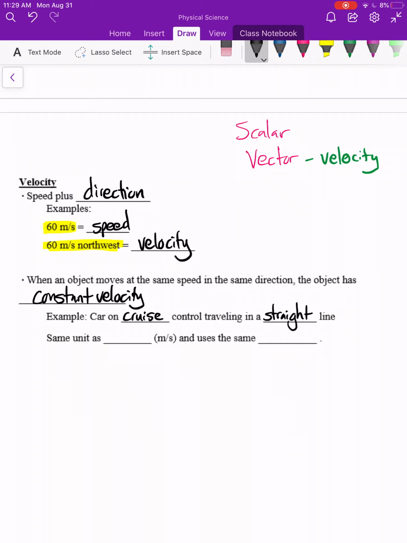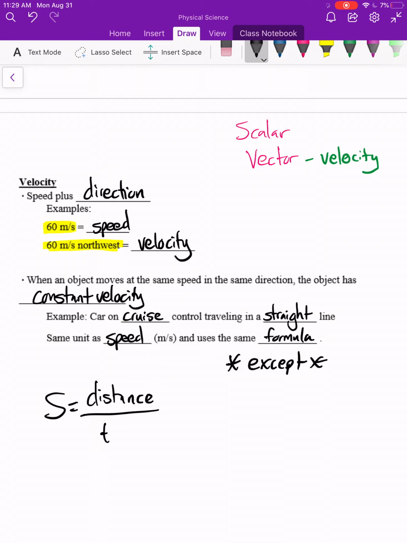All right, and so if we're looking at this in terms of speed, we're going to say it's the same unit as speed, which is meters per second. That's typically what we use. It may change. And it basically uses the same formula except, let's make a note, instead of saying speed is equal to distance divided by time, now we're going to say velocity is equal to displacement divided by time.